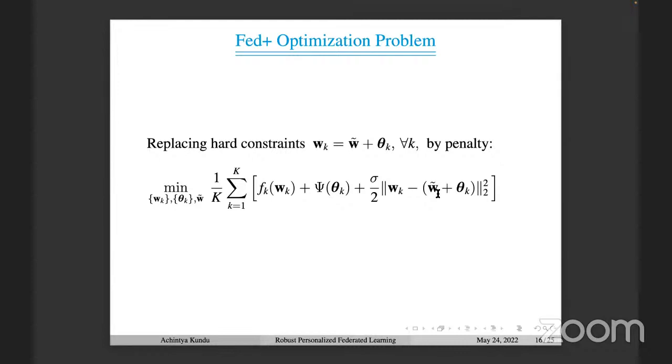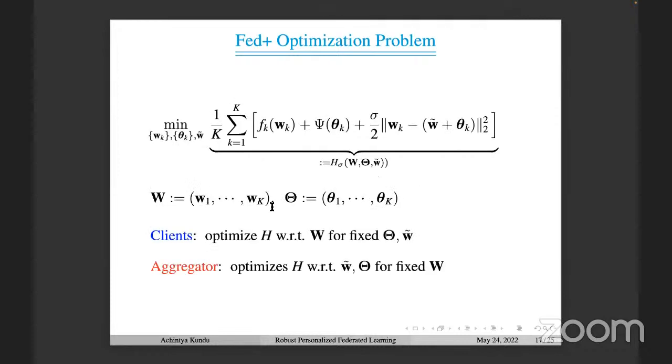Once you fix the W tilde and theta K, optimizing over WK is very simple. The clients try to optimize over WK. They get all the information, like theta K and W tilde, from the server, whereas the server tries to optimize theta K and W tilde for the whole federation.